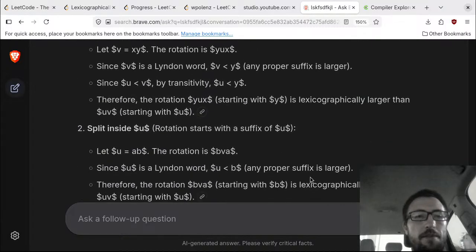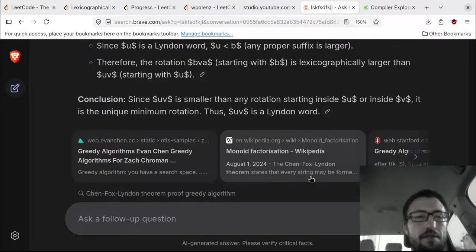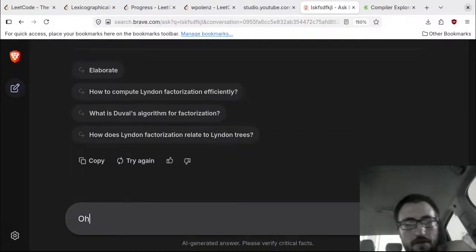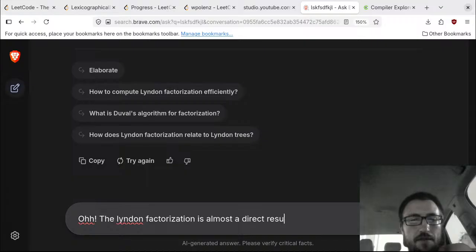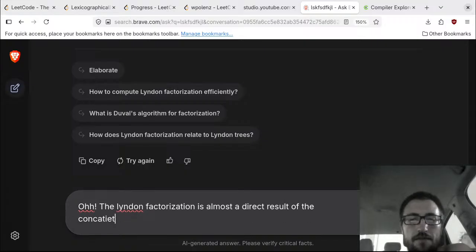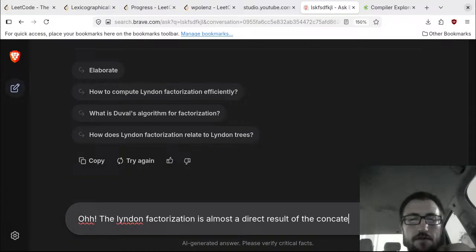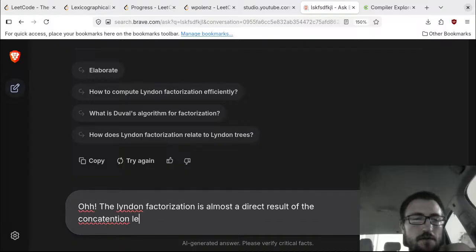Concatenation lemma. Oh! The Lyndon factorization is almost a direct result of the concatenation lemma. Amazing.